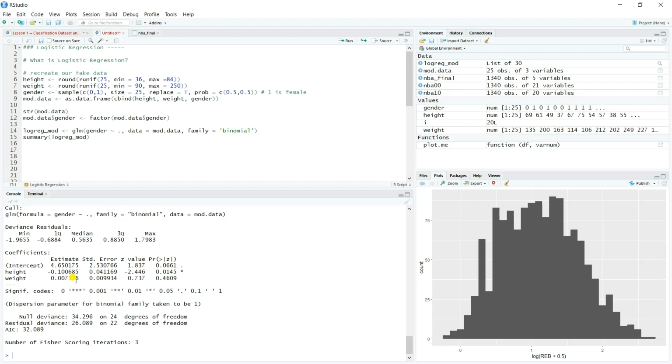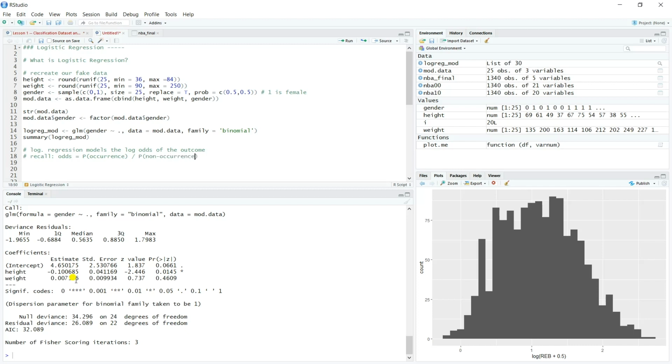Logistic regression models the log odds of the outcome. You might recall from a stats class, if you've ever had one, that odds equals the probability of occurrence divided by the probability of non-occurrence.